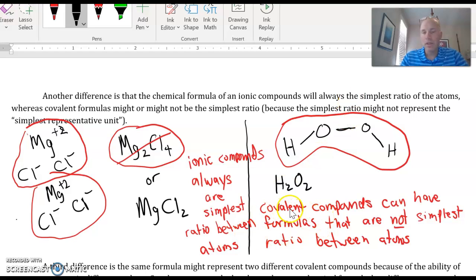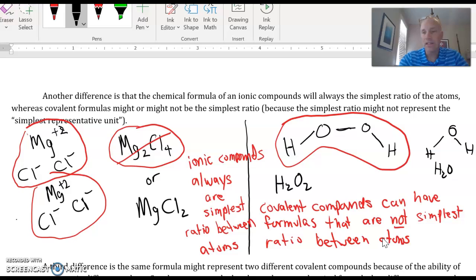So, in contrast, covalent compounds can have formulas that are not the simplest ratio between atoms. Sometimes they are the simplest ratio. For example, if we have water, its formula is H2O.